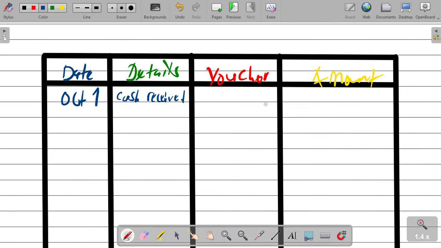How much was the cash? We received 2,000.